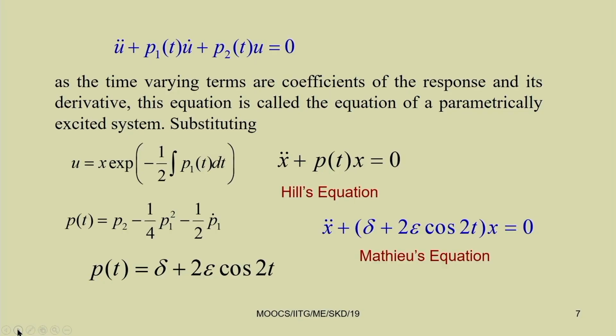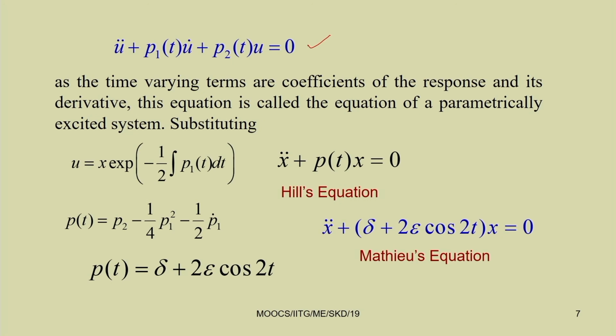In a parametrically excited system, generally the equation can be written in this form: u double dot plus p 1 t u dot plus p 2 t u equal to 0, where p 1 and p 2 are time varying terms. As the time varying terms are coefficients of the response and its derivative, this equation is called the equation of a parametrically excited system. This type of equation can conveniently be reduced to other forms.